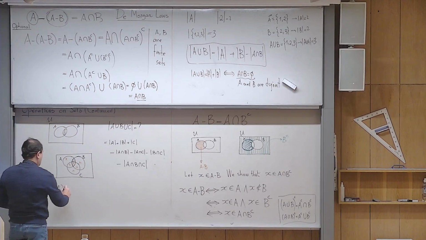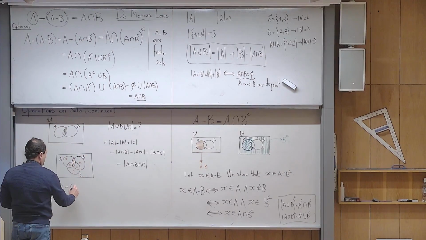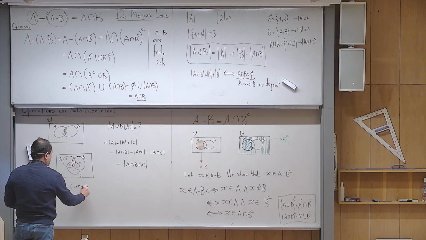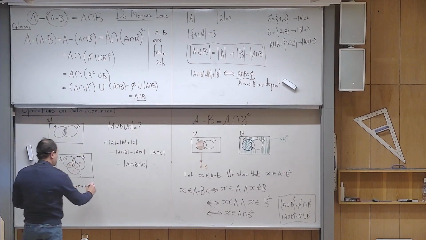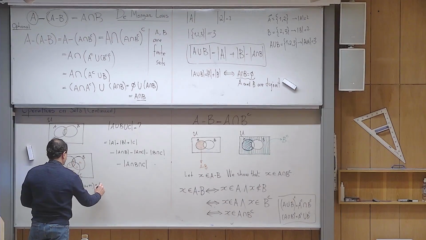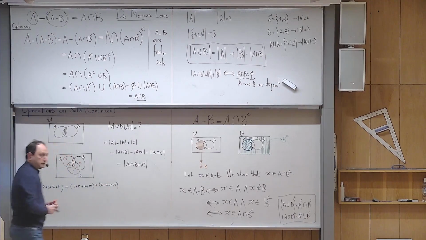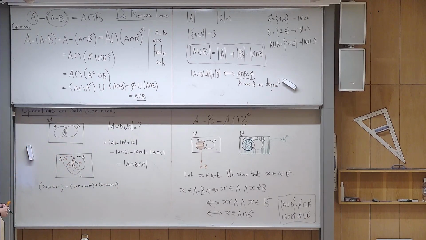And then the cardinality of B is what? Y plus Z plus U plus M. And the cardinality of C is Z plus U plus N plus T. So this is the first line.